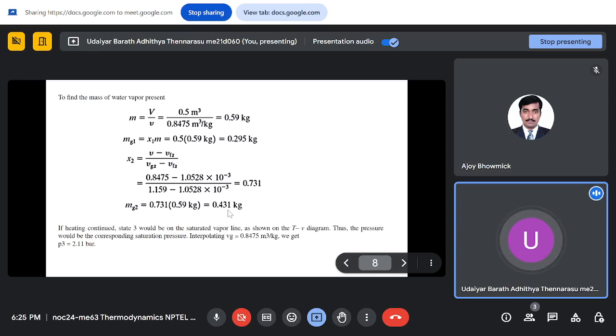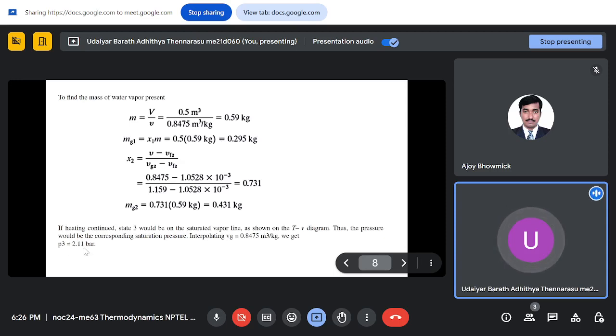So now if you continue heating this, the total 0.59 kg will get converted into vapor. Correspondingly the specific volume at that state will be 0.8475. So for the saturated vapor at state 3, the specific volume will be 0.8475, and from the steam table, corresponding to this value, we can interpolate and find out that the pressure at state 3 will be 2.11 bar.